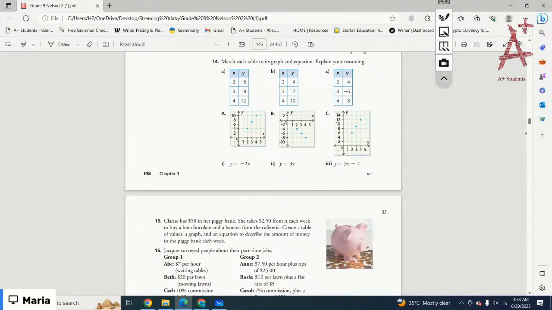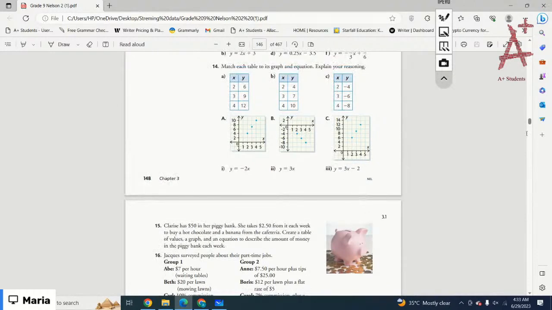This one is 3 and 6. And then this one is 4 and 10. So 2, 4, 3, 7 and 4, 10. That means the graph A matches to the table B. Got it? You can just look at the points here and match it. Okay. Then you have this one because all the negative values are only in C.